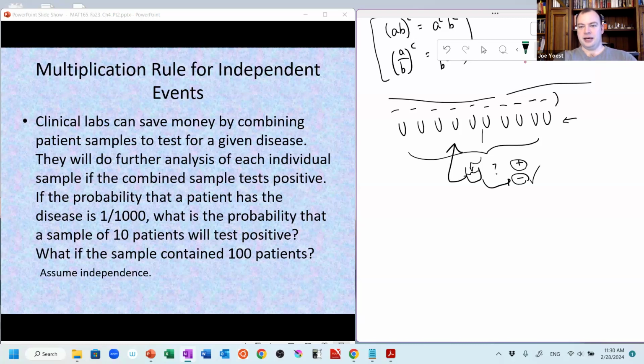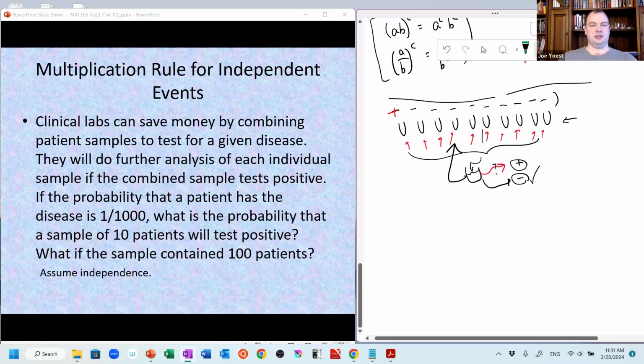On the other hand, if we had, say, even one person amongst the 10 that was positive, then the pool would test positive. And then we could say, okay, the pool tests positive. There's at least one person in here that's positive. I don't know which one it is. So then I'll just come back and test each member of that pool individually.